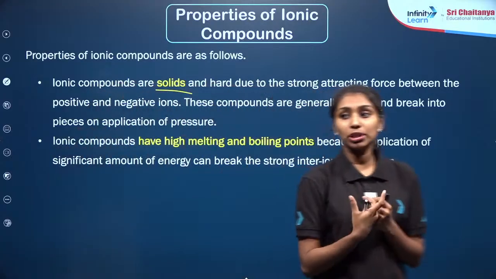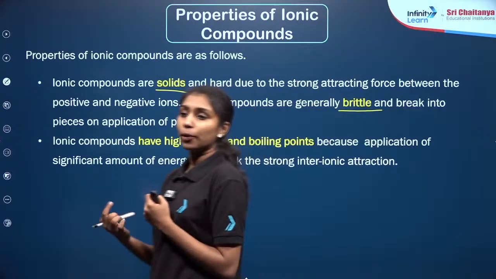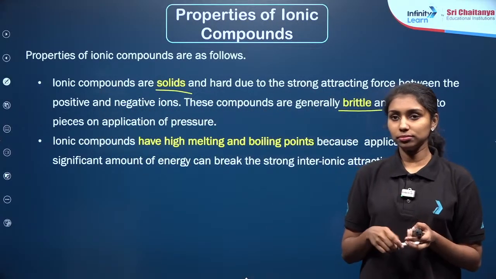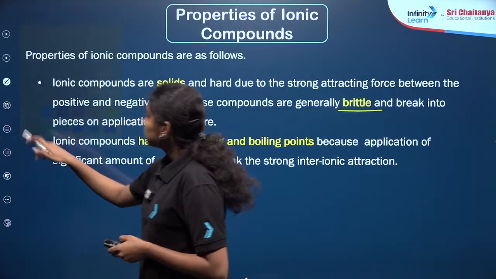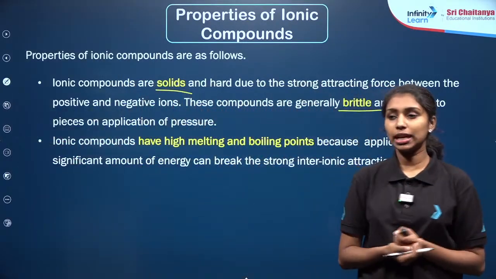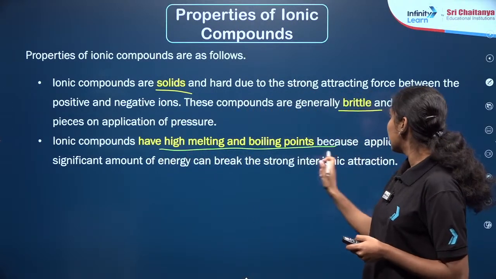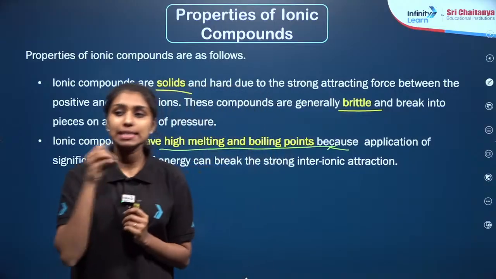Then, if you are asking about the melting and boiling point, what will be the melting and boiling point for the ionic compounds? Whether it is high or low. High, right? They have high melting point and boiling point because of the strong ionic bond formed between the metals and non-metals.